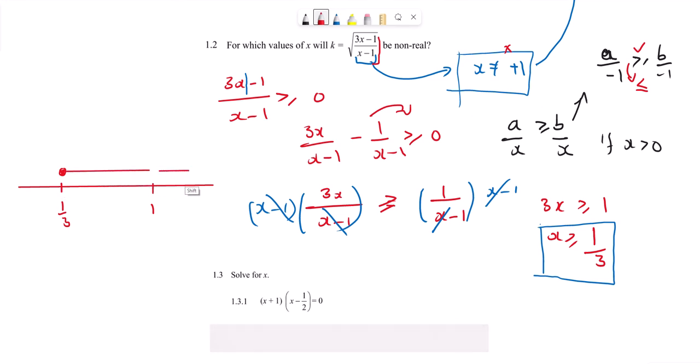Notice I'm leaving an open circle there. The reason I do this is because we did exclude 1 here. We do not want 1.